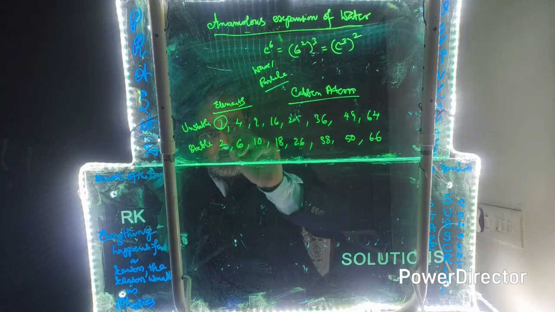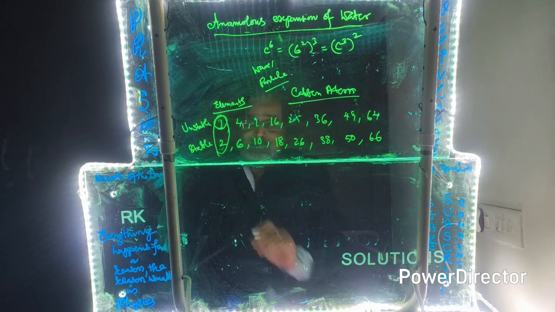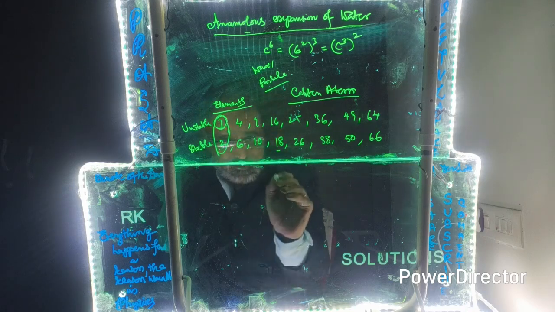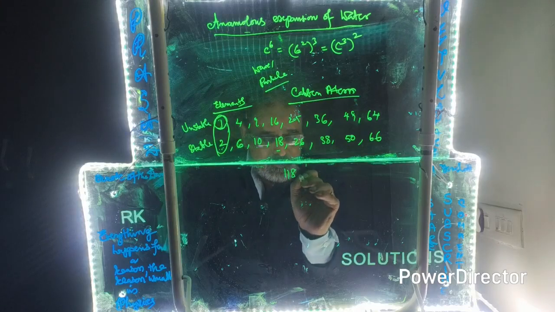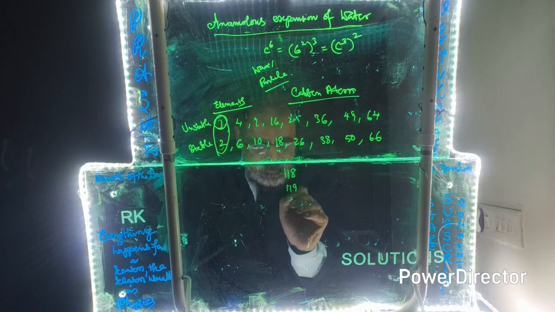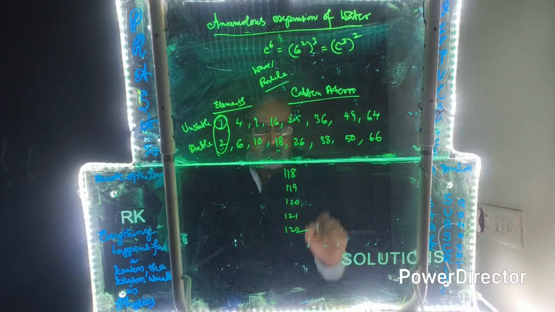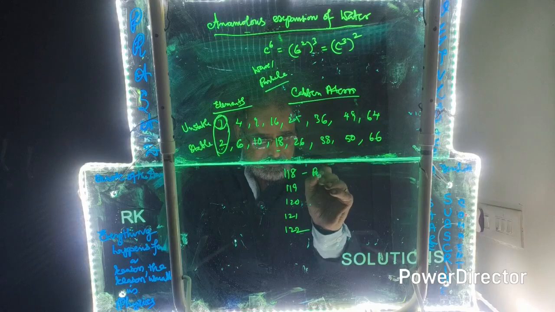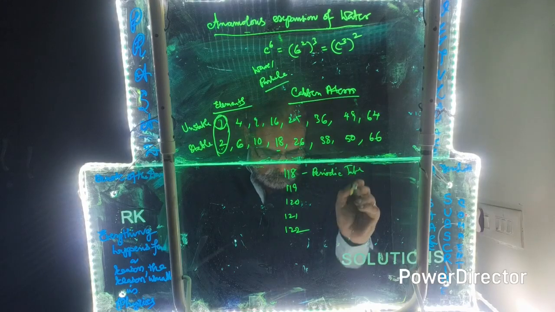So the quantum world is like this hydrogen atom. 118, 119, 120, 121, 122. Let's say this is the periodic table, all the elements in the periodic table.